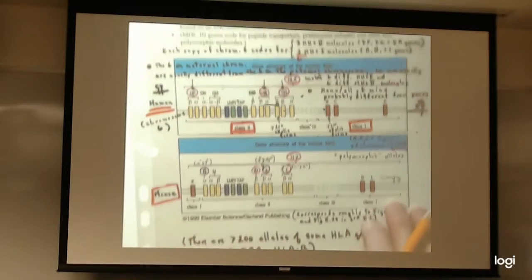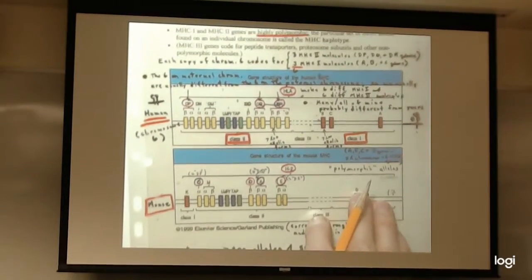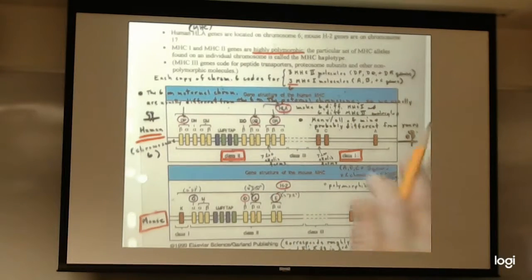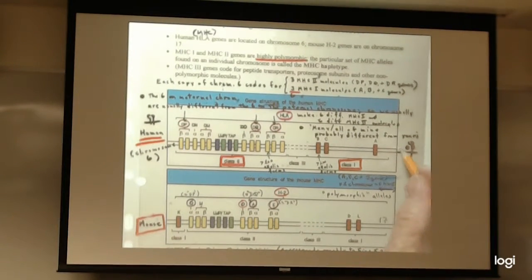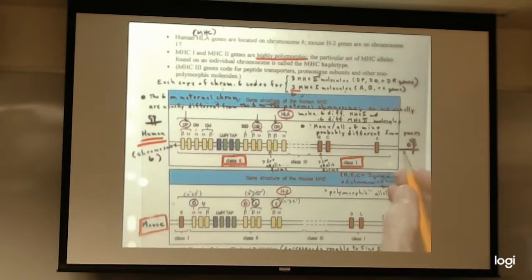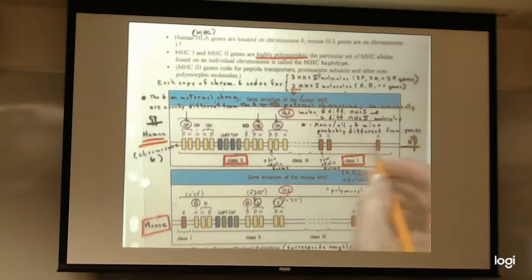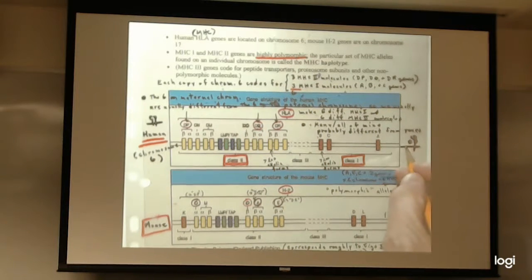This is called beta-2 microglobulin. Don't worry about the word for the moment. This little guy here is beta-2 microglobulin, and it's a weird little protein. Its only function is as a secondary supporting role to the main guy, the A, B, or C protein.